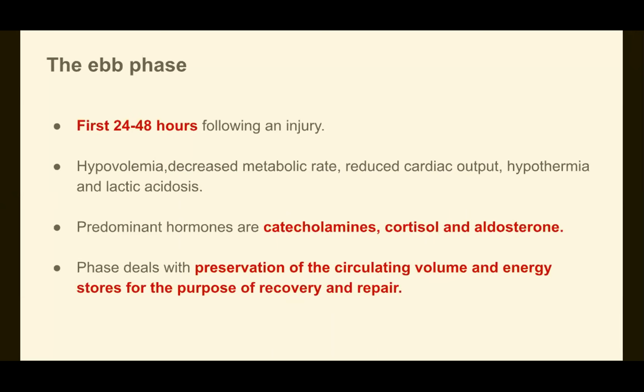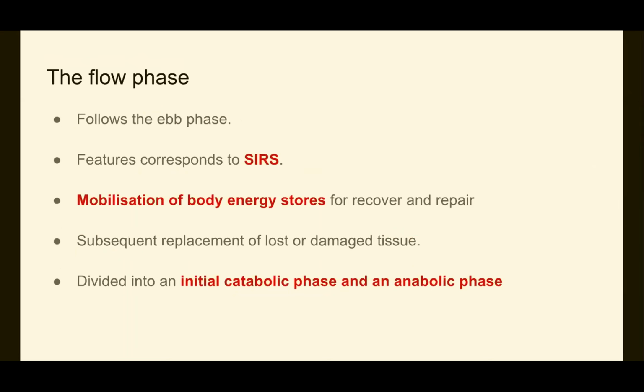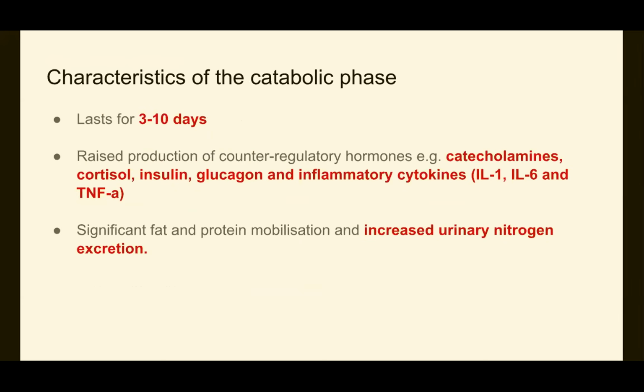And after this, the body moves into a hypermetabolic phase. During the hypermetabolic phase, there is more mobilization of energy stores, which is why the body has loss of muscle. The body has muscle wasting as well as nitrogen losses, and it corresponds to SIRS.